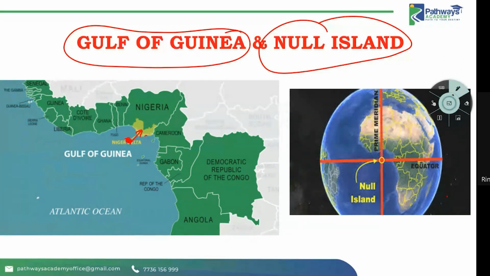The most important thing about Null Island is that it is where the prime meridian and equator intersect. It is situated in the Gulf of Guinea.